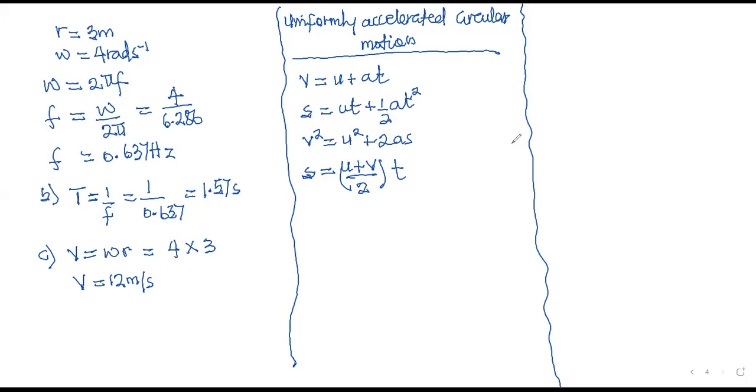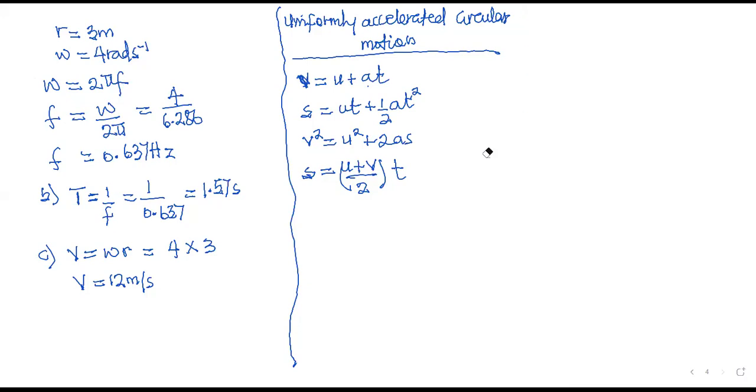So over here, we are also looking at a body moving with a uniform angular acceleration. So what are the circular motion equations? V here stands for final velocity. U here is the initial velocity. A is the uniform acceleration, and T is the time interval.